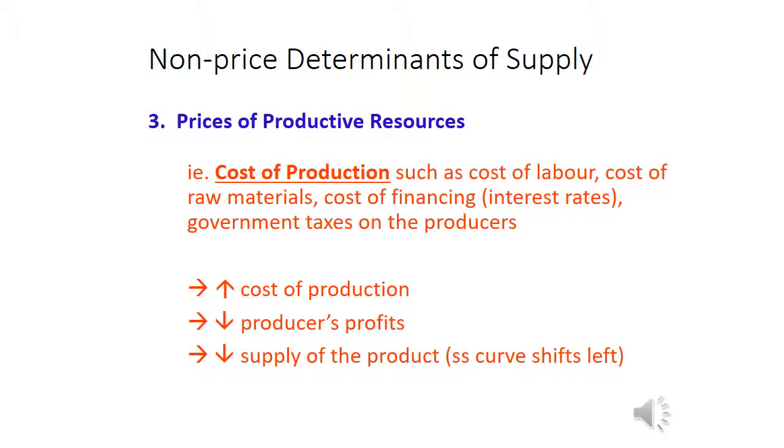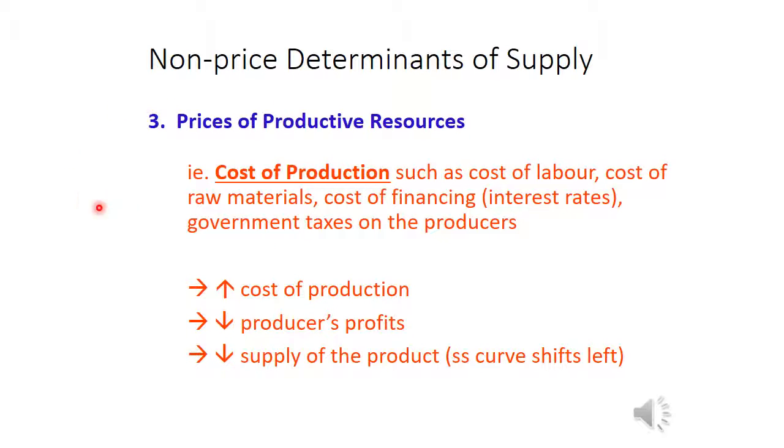Now, cost of production is one of the major factors affecting producers' decision to produce. Cost of production comprises things that the supplier needs to pay in order to produce that good, such as labor, that means paying the wages of workers, cost of the raw materials that it needs to produce the good, and maybe cost of financing and taxes.